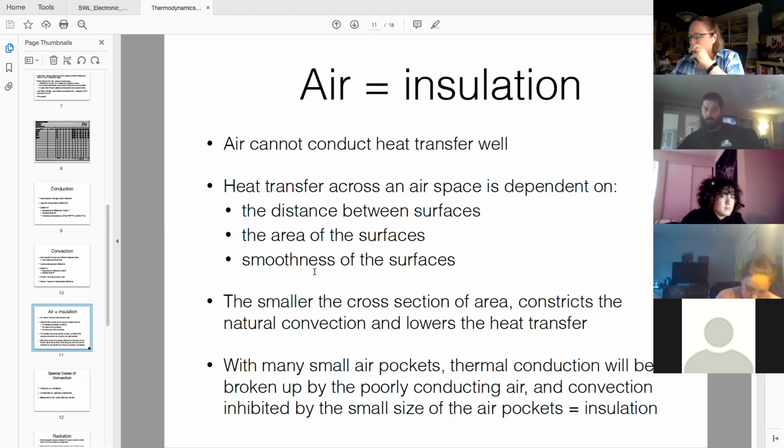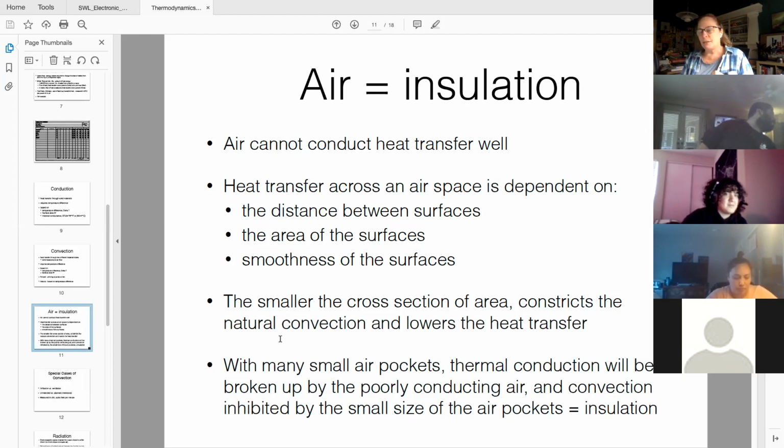And with the rigid insulation, the area is really, really small. So even though the distance is little, the air can't flow as much in those little tiny bubbles. And so it lowers that natural convection that's going on.